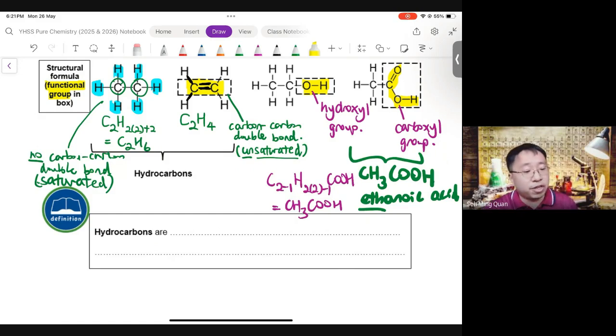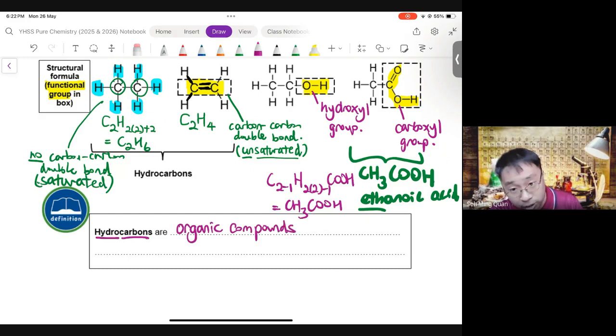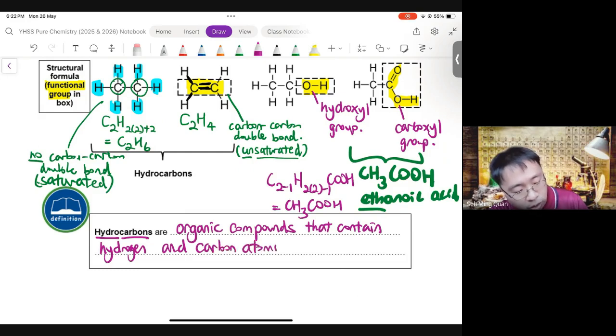All right. And finally, let's end off today with this. More terminologies. Hydrocarbons. What is a hydrocarbon? As the name suggests, hydrocarbons are organic compounds that contain hydrogen, so the hydro refers to hydrogen, and carbon atoms only.